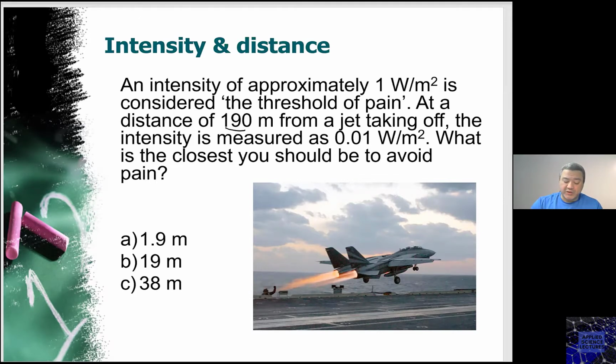What is the closest you should be to avoid pain? We will first calculate the power from the example given, which is at 190 meters from a jet taking off, where I have a measured intensity of 0.01 watt per meter squared.